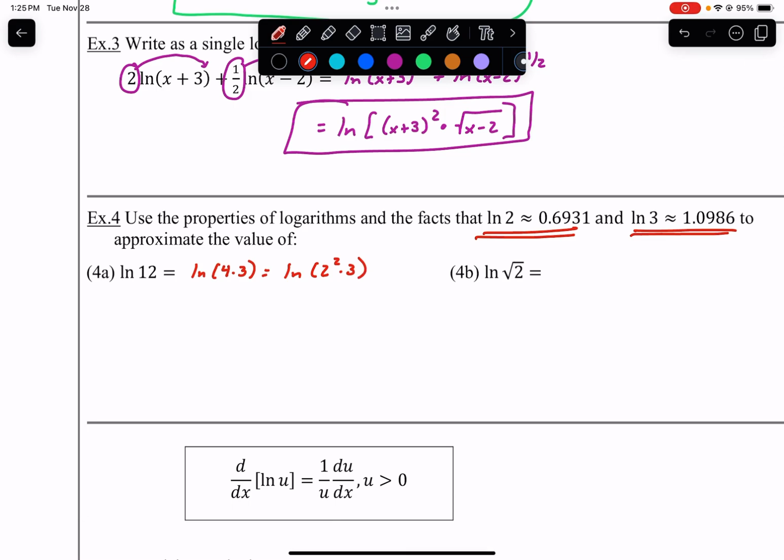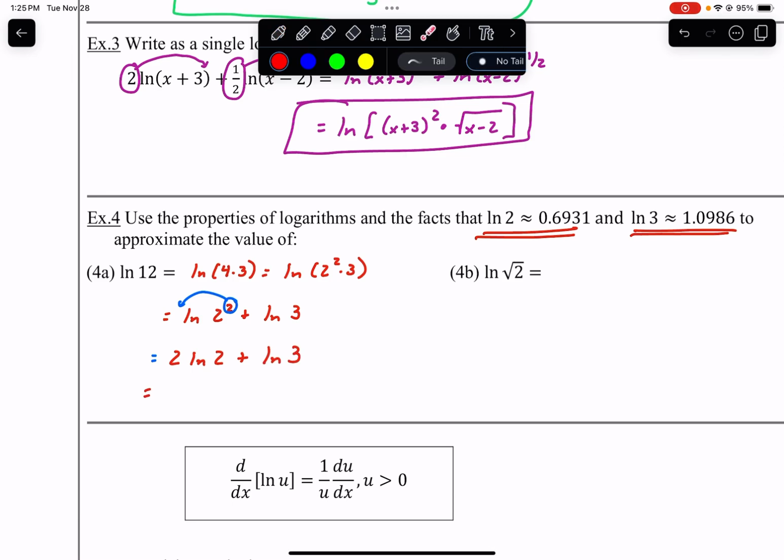That's fine. I'm just trying to show you one of the ways that we can manipulate. Because now I have one logarithm with multiplication, I can break that apart and write this as natural log of 2 squared plus the natural log of 3. Then I can use my property that says the 2 goes in the front: 2 natural log of 2 plus the natural log of 3.